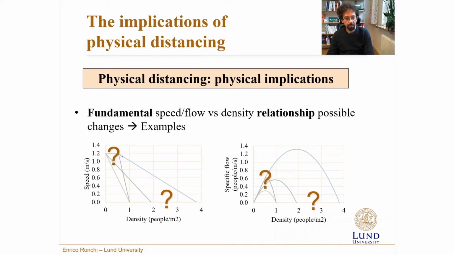And also we don't know, as I mentioned before, at which point the speed will start decreasing depending on density. People might start decreasing it almost immediately, even at very low density, or it might be something in line with what we saw in a pre-pandemic situation. So we don't really know what the shapes of these curves look like, but we know that we cannot just use the default that we have here. So in reality, we will have something in between this light gray curve and the blue curve that we have here.